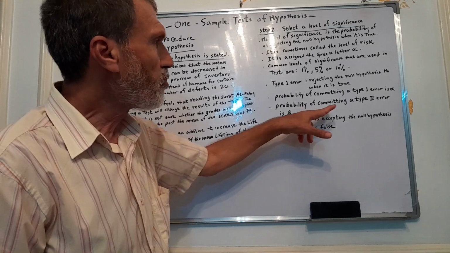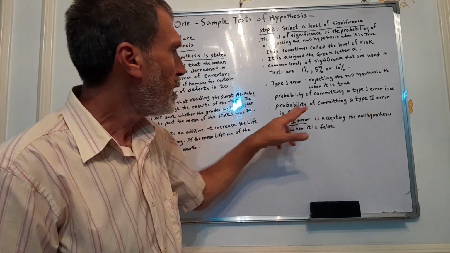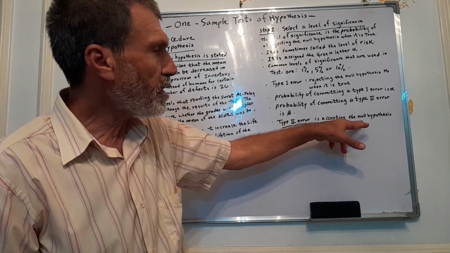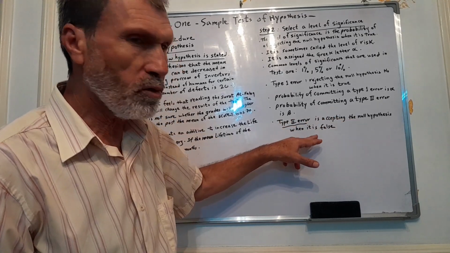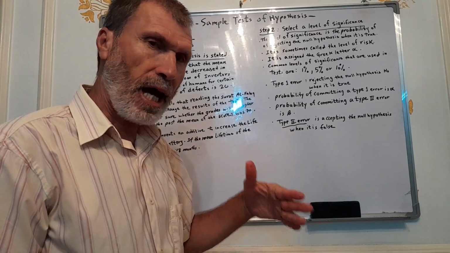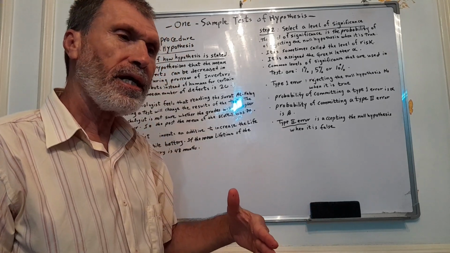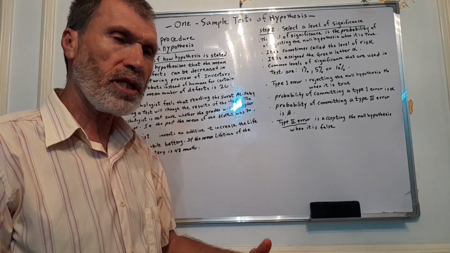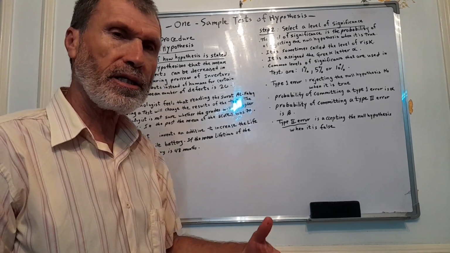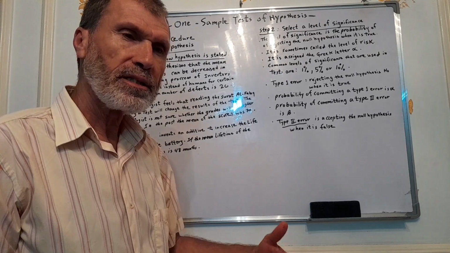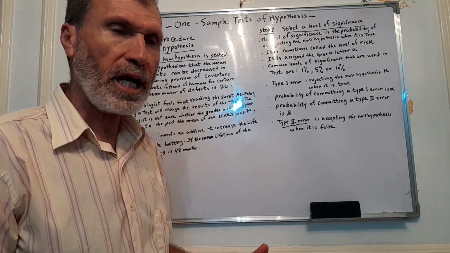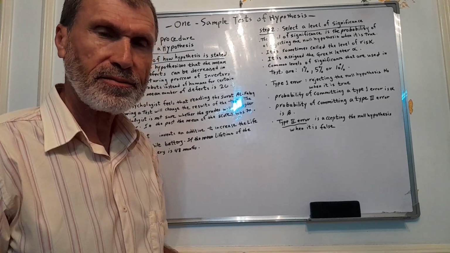And the probability of committing a type 2 error is beta. What is type 2 error? It is accepting the null hypothesis when it is false. The same thing, it happens when you get false negative results. Suppose you conclude that the drug intervention did not improve the symptoms of the disease when it actually did.